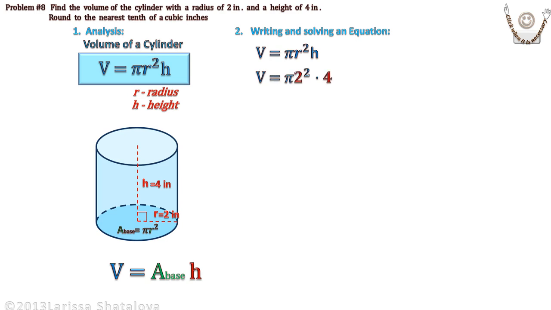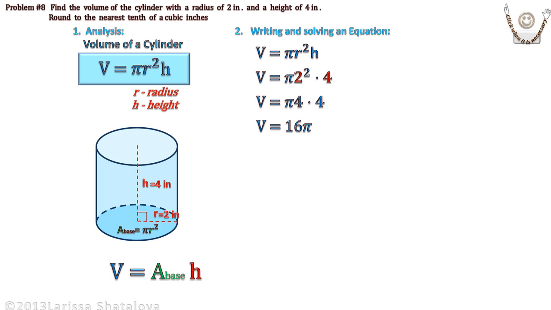So we have to substitute radius for 2, height for 4, and simplify. As a result, we will have V equals pi times 4, because 2 squared is 4, times 4. Further simplification gives us V equals 16 times pi.